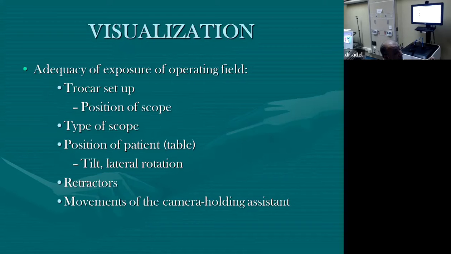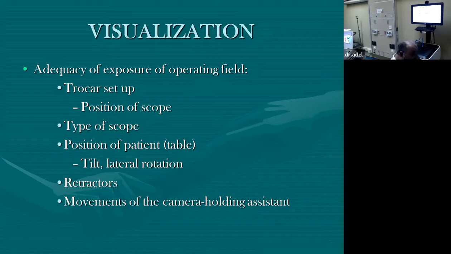The adequacy of exposure of the operating field, position of the scope is very important. We have to choose a place of the scope that gives us a wide view in the area. We prefer always, if you are working in the pelvis, you can use scope number 0. But otherwise, we prefer 30 degree or 45 degree.